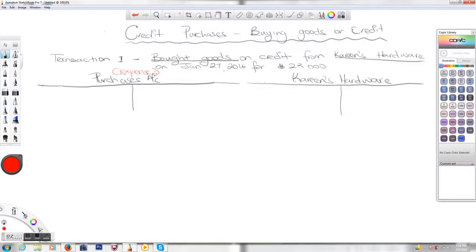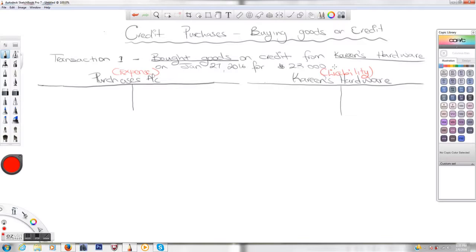We're buying goods on credit from Kareen's Hardware. As a result of this transaction, we're going to owe money to Kareen's Hardware, which means in our business, Kareen's Hardware is a liability because the business owes Kareen's Hardware money. Whenever the business owes money to whomever or whichever entity, it is a liability.